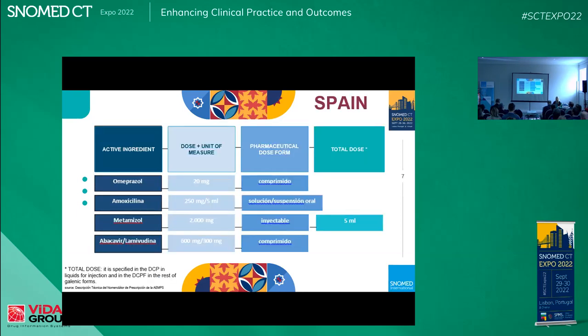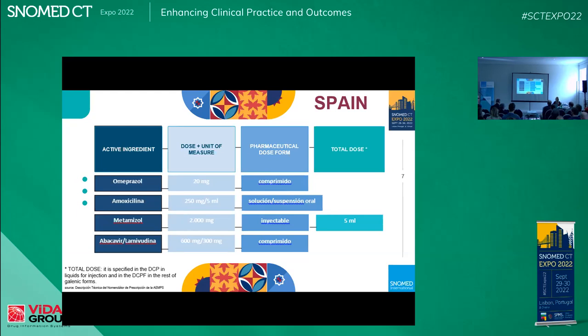And in this slide, you can see the components of the DCP, which, as you can see, is more specific, and it contains the active ingredients, the dose and unit of measure, the pharmaceutical dose form, and in some cases, the total quantity.